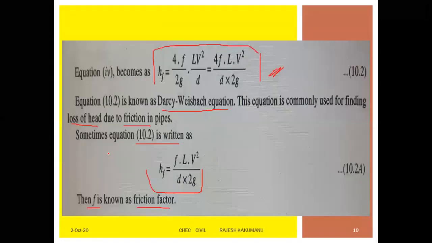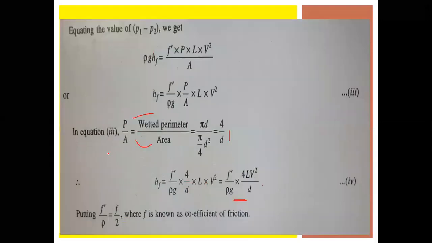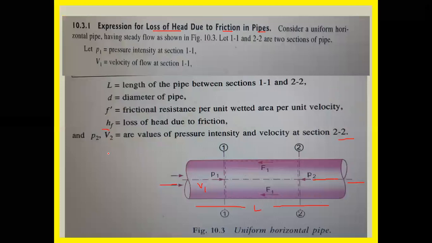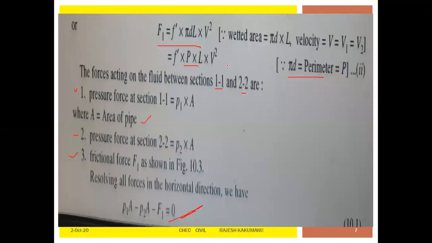So when you get a question in the exam like derive the expression of Darcy-Weisbach equation in a uniform horizontal pipe, it comes directly, or else derive the expression for loss of head due to friction in the horizontal pipe, then we have to start with the Darcy-Weisbach equation.